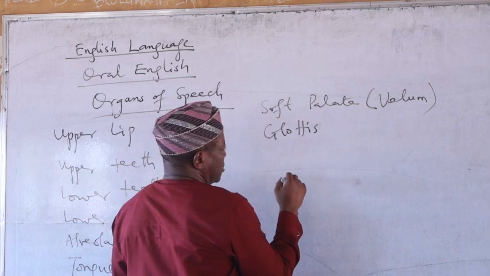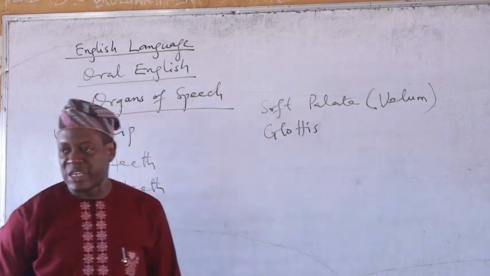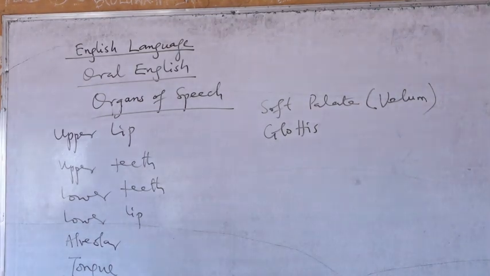Well, these are the basic organs that we use for speech sound production.